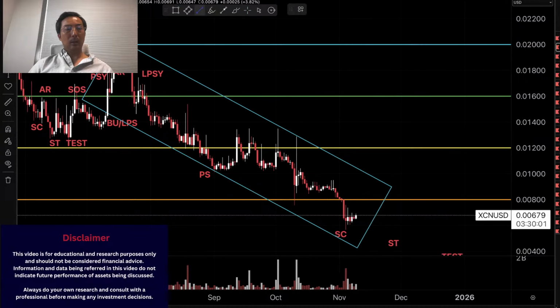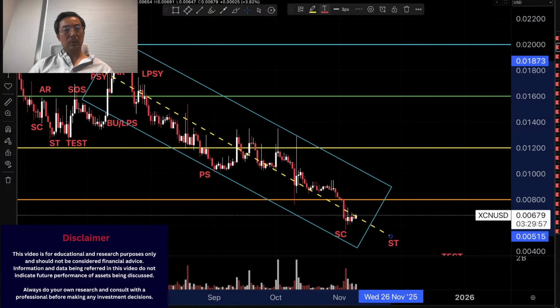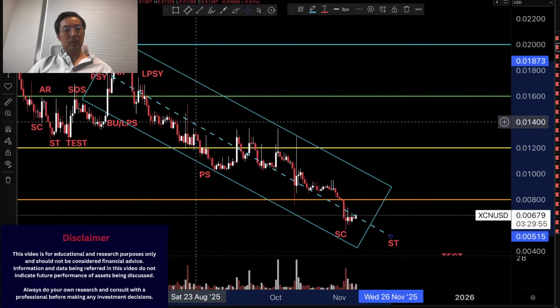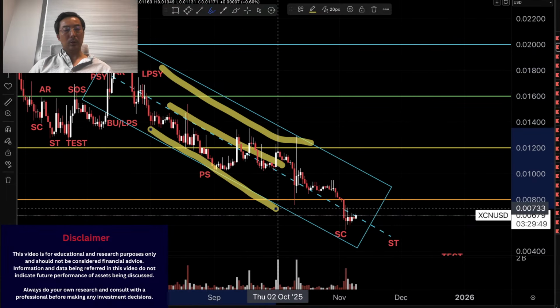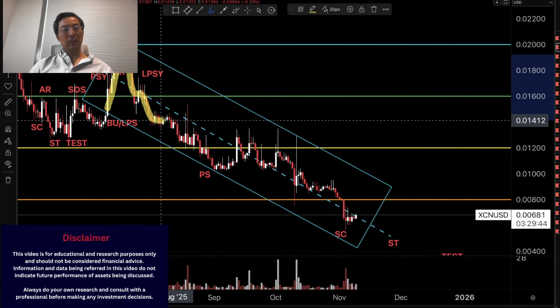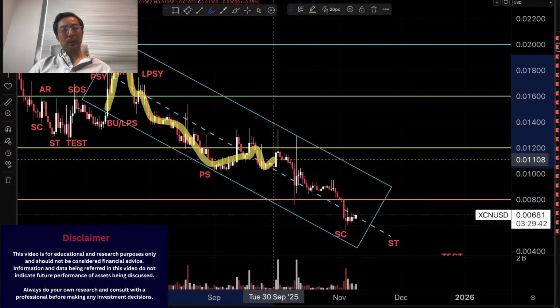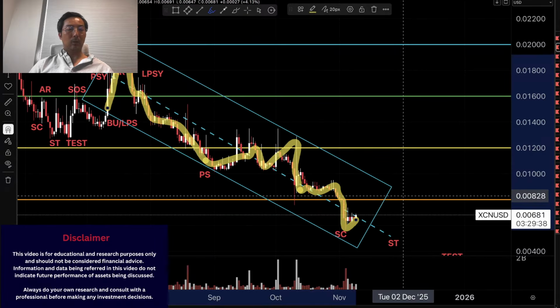what's happening right now is that we've got the ceiling of the box, okay, the center line, as well as the bottom. The price tends to bounce off around these three lines, okay, and then it came down here.